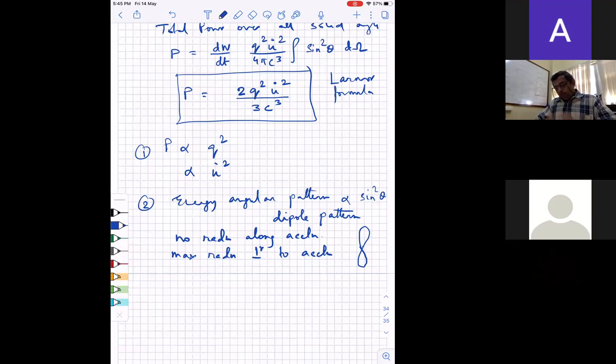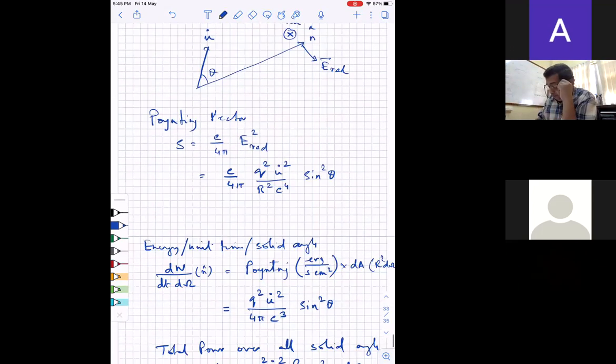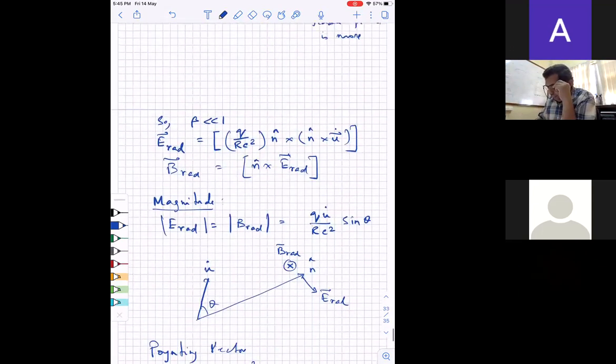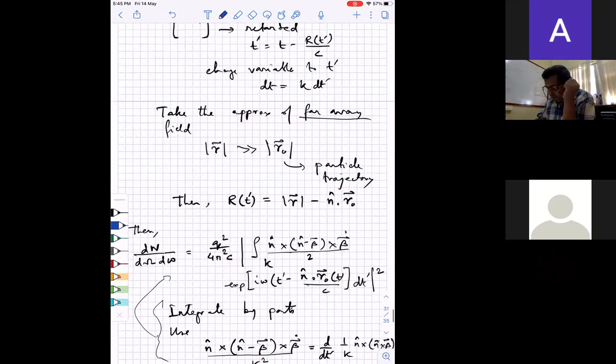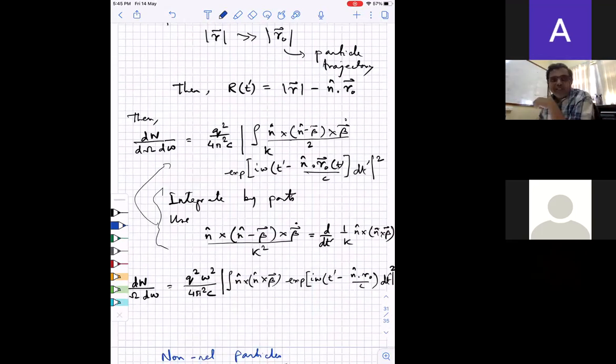Before we do this in a more heuristic, slightly not hand-waving but more physical way, then we go into a full detailed, blown-out calculation. So if you are already intimidated by formulas like this, just wait. You are going to get much more complicated, much lengthier formulas in the very near future.